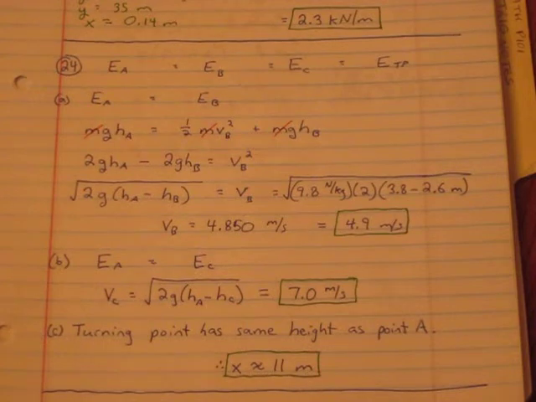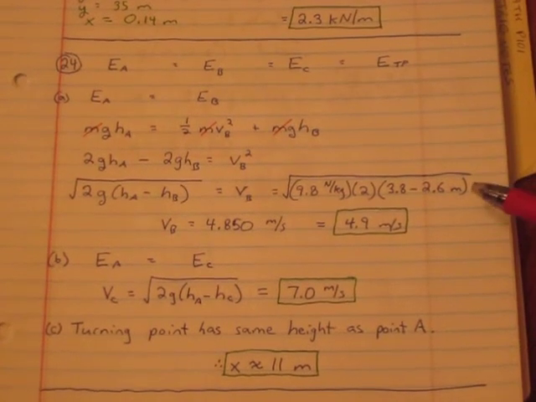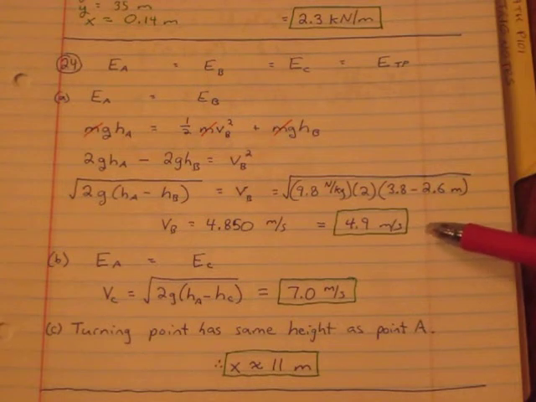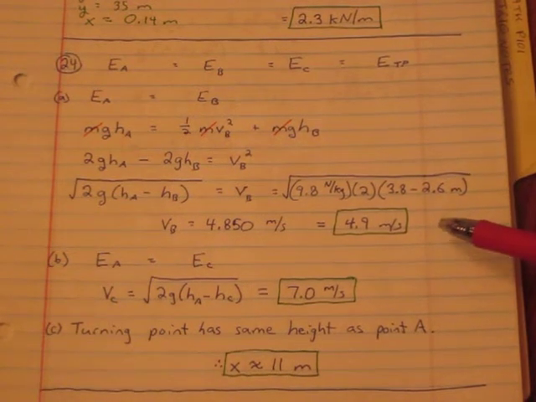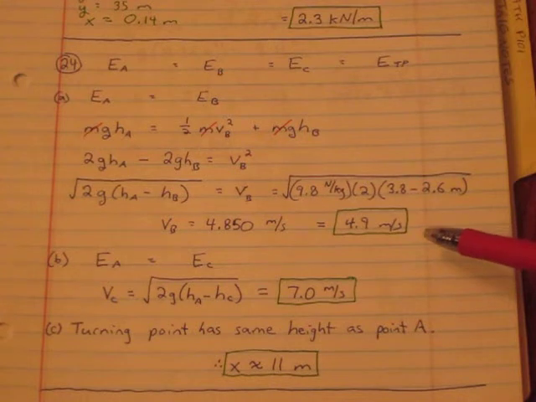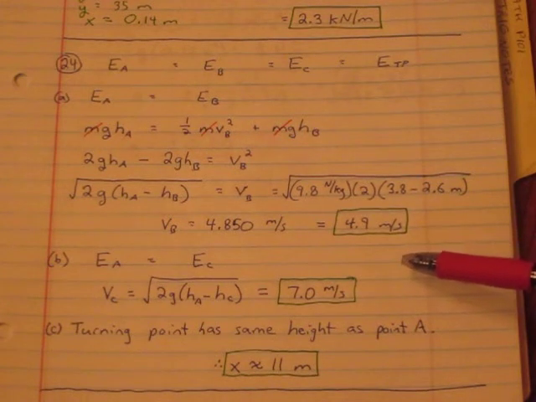When we plug in all those values, as you see here, we get the speed at B is 4.850 meters per second. So I've rounded it to 4.9 meters per second. To solve for part B, we are going to put the energy at A equals energy at C, and you go through the same algebra.